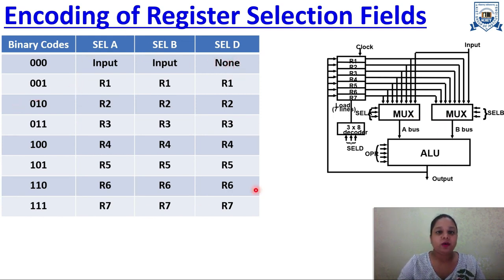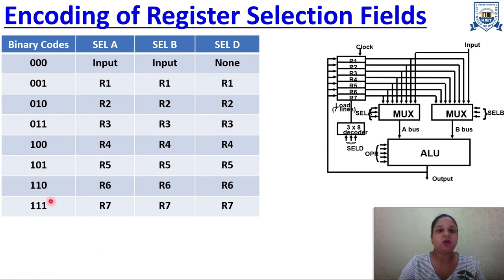Now this is the encoding for the registers. You know this already. How do you know this? These are all the possible combinations when there are three inputs: 000, 001, 010, 011. 001 has a decimal value of 1, so the output is R1. 010 is the binary form of decimal value 2, so the output is R2. 011 is the binary form of decimal value 3, so this is R3.